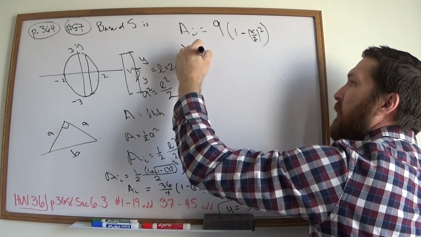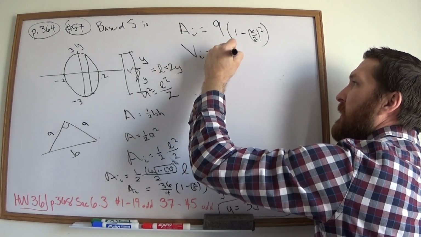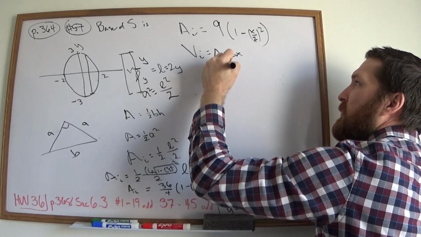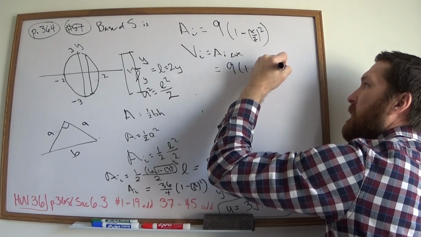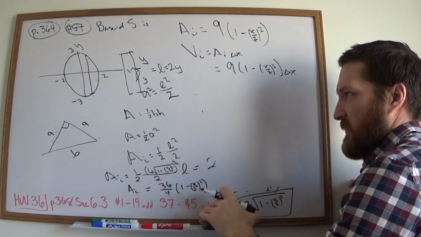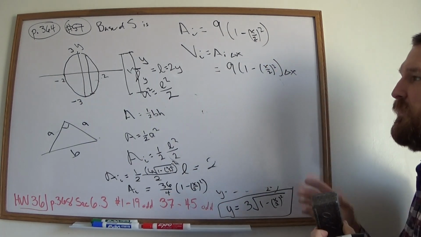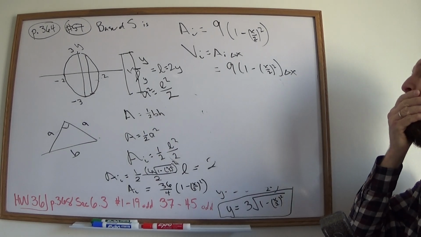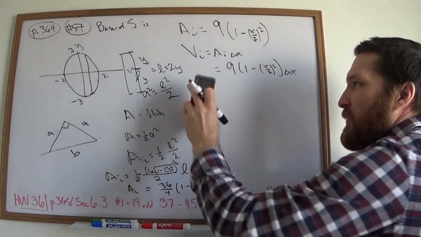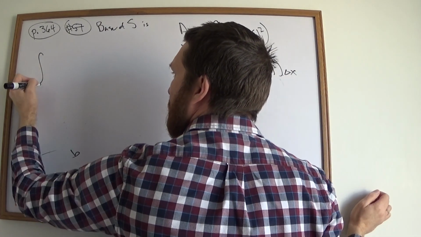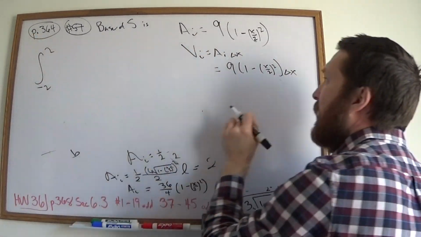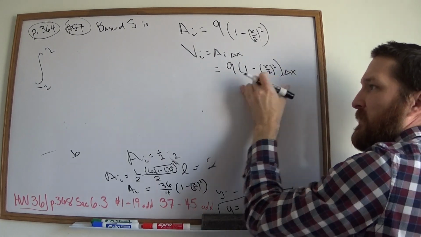So then my volume is my area times delta x, which is 9 times 1 minus x over 2 squared delta x. And so the integral I want to compute is from where to where? Negative 2 to 2 in x. So integrate from negative 2 to 2 of all of the little volumes.